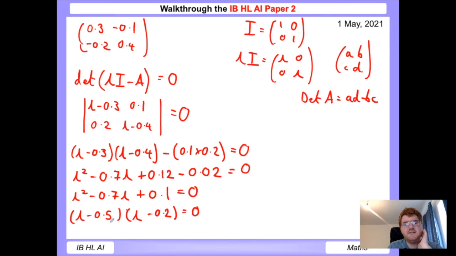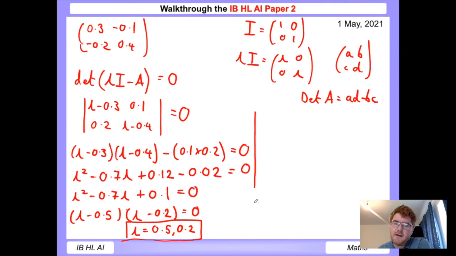You can check this: 0.5 times 0.2 is 0.1, and then these two added together gives us 0.7. So we get our eigenvalues of 0.5 and 0.2, like so. Again, feel free to use the quadratic equation solver on the GDC. That will also give you these two answers.